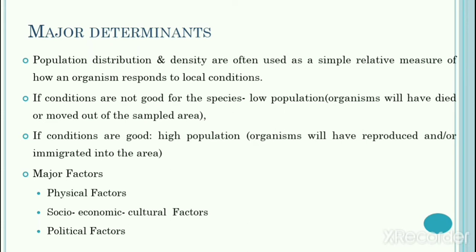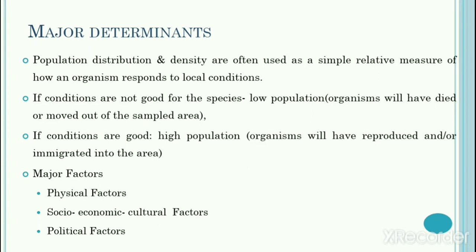If the conditions are not good for a species, obviously that region faces low population. The organism might have died or moved out of that sampled area. If the conditions are good, those regions experience very high population where the organism will be reproducing or immigrating to that area.